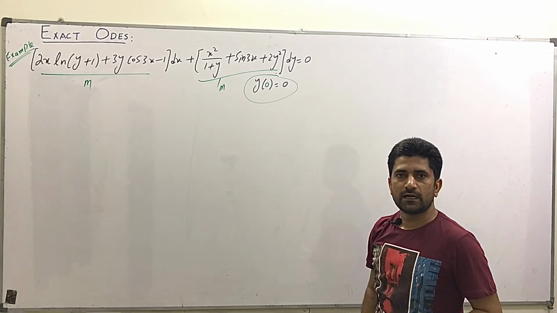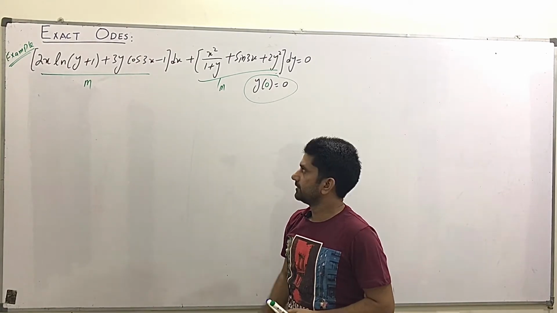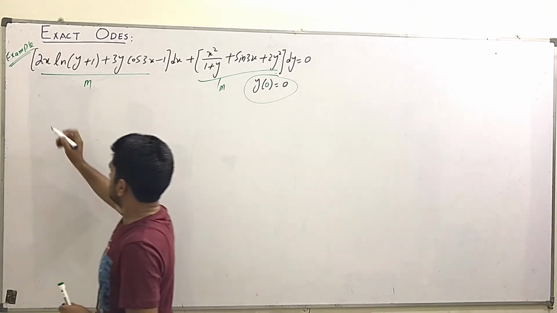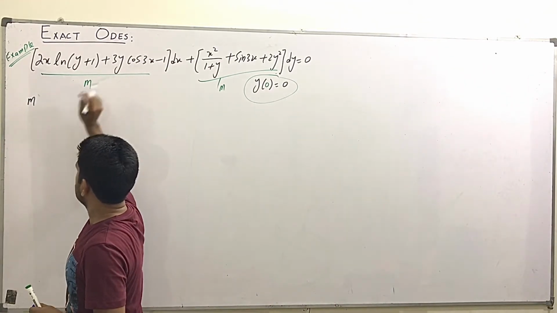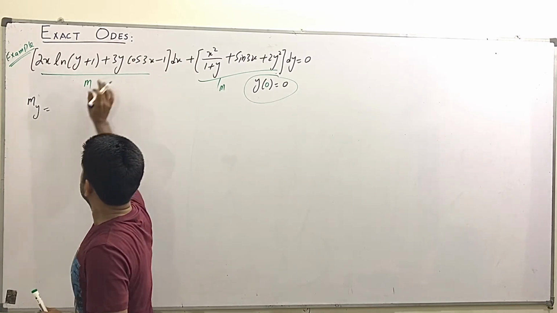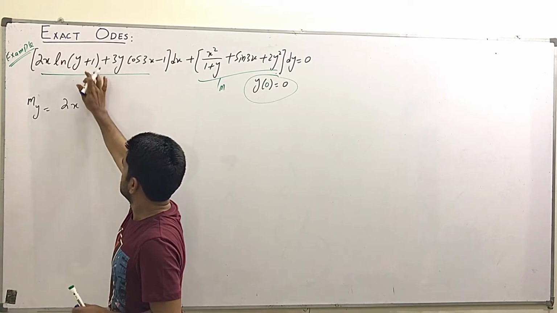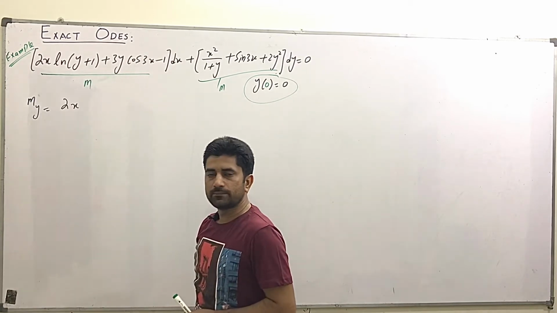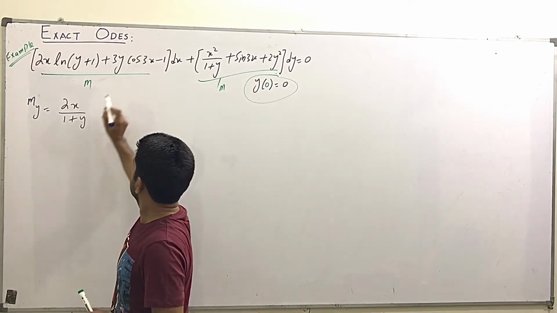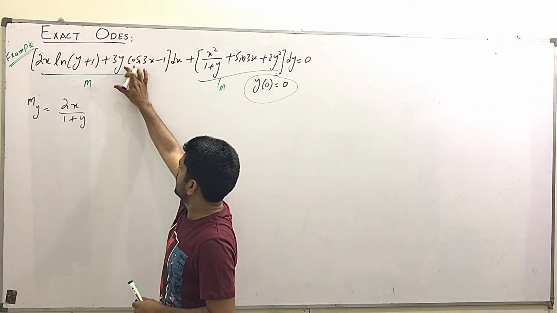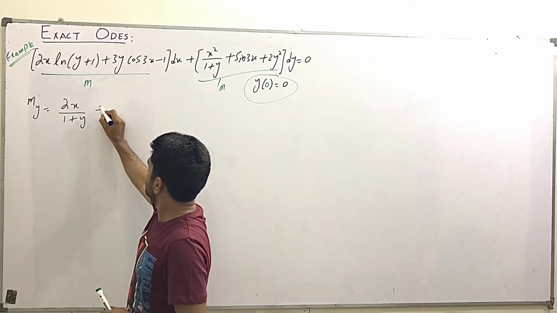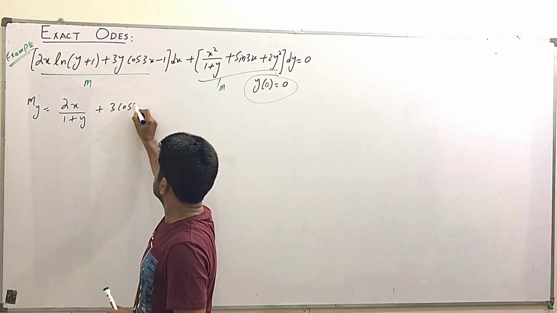So first we check whether it is exact or not. We differentiate M with respect to y. When we differentiate this M function partially with respect to y, we have 2x as it is, and the derivative of ln(y plus 1) with respect to y is 1 upon 1 plus y, and from here the y partial derivative would be 1, and remaining we have plus 3 times cosine 3x.